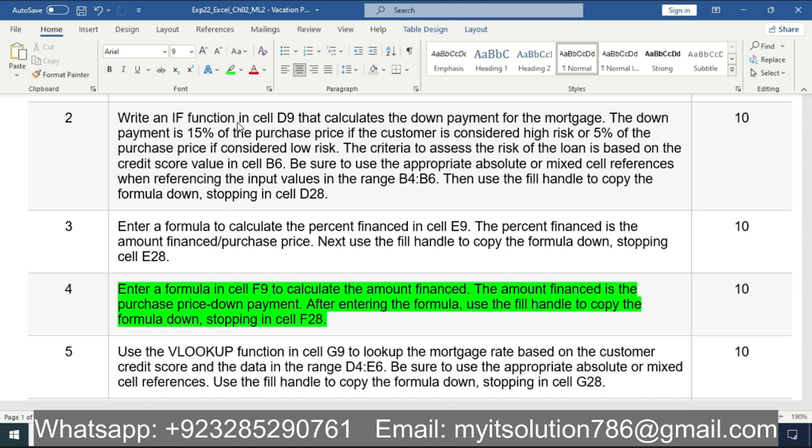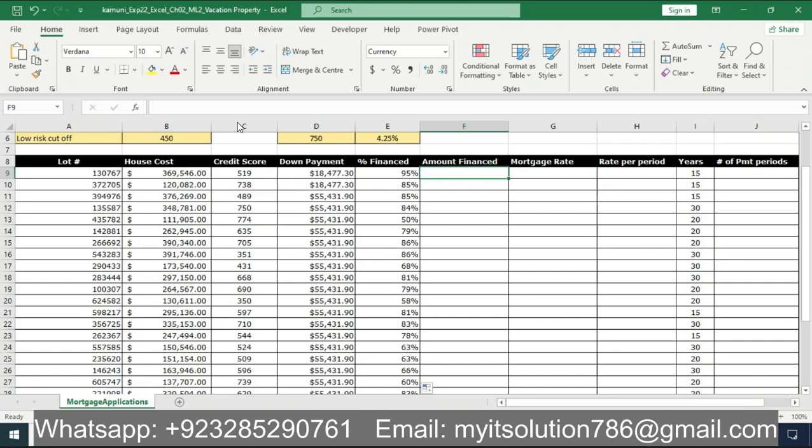After entering the formula, use the fill handle to copy the formula down, stopping in cell F28. So in this step we enter a formula in F9 to calculate the amount financed. So we go on our Excel worksheet and in cell F9 we enter a formula.